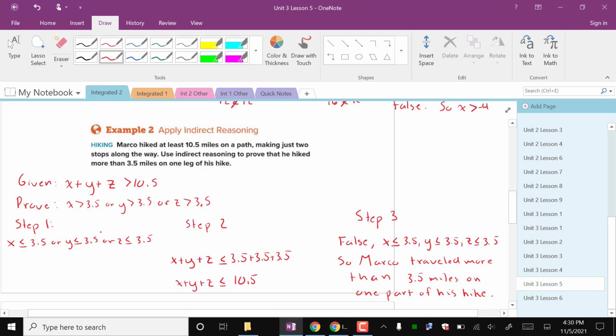So again, you start off with the opposite. You show that it cannot work, and therefore it makes a false statement. So since it's a false statement, then the other thing has to be true.